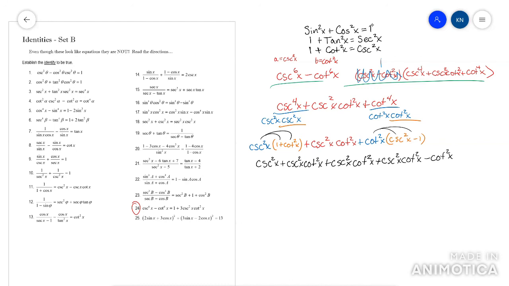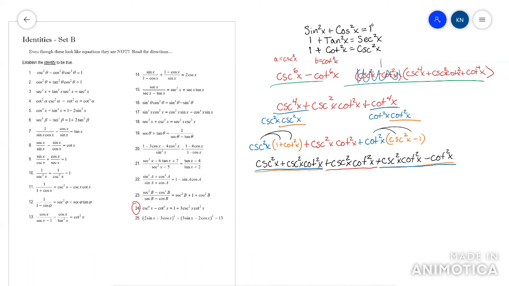I'll add some color for clarification. So this guy was the first orange and blue. This guy was the red middle. And then this guy was the last orange and blue. So I hope that helps clarify.